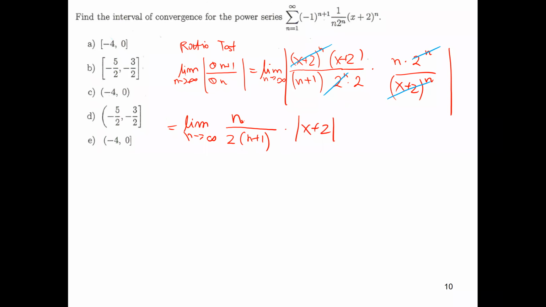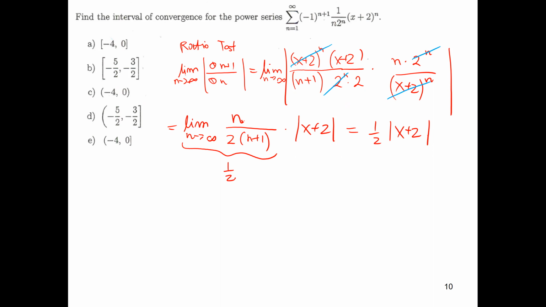Okay, that's what this limit is, because we always have to separate, because the limit is related to n. That means only looking at the n. This limit is n over 2n, the ratio of the leading coefficients, 1/2. 1/2 times x plus 2. Okay, that means in this case, I didn't get rid of x. My final answer is in terms of x.